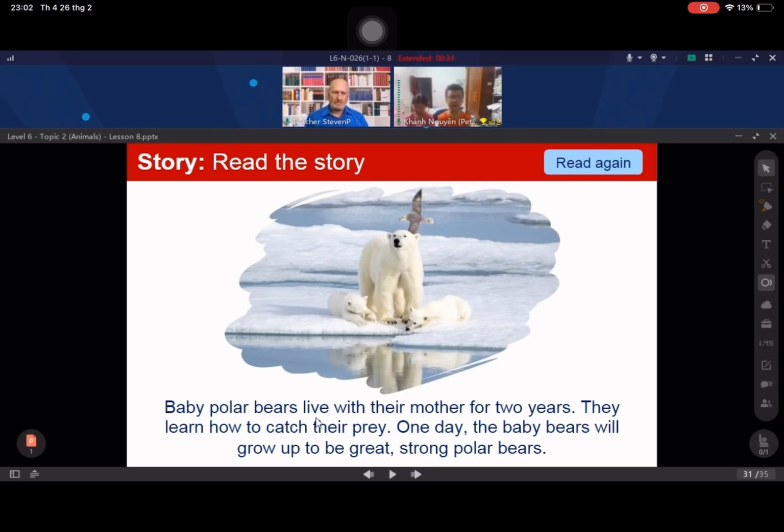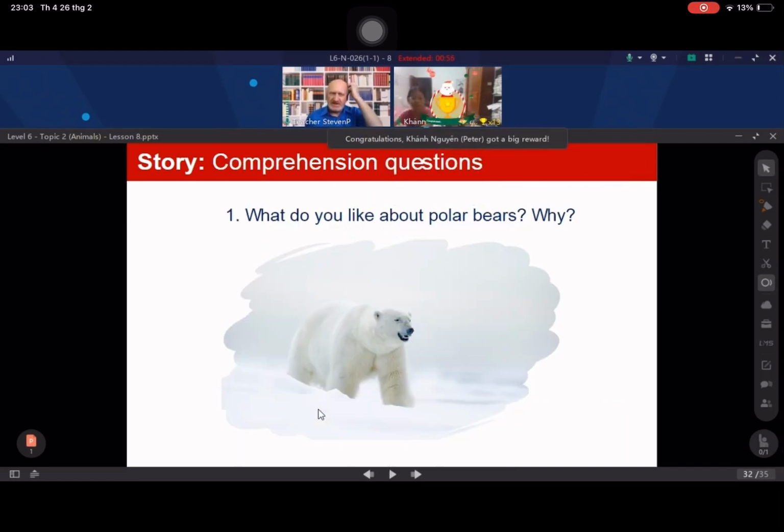Baby polar bears live with their mother for 2 years. They learn how to catch their prey. One day, the baby bears will grow up to be great, strong polar bears. Very nice. Well done, guys. That was great.